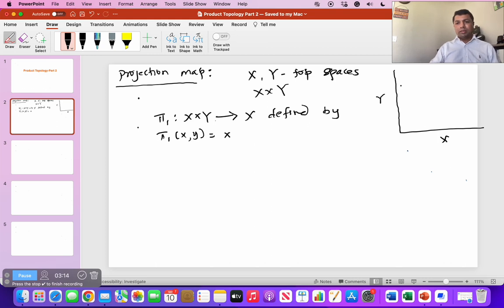Here we are considering the map from the Cartesian product X cross Y to the first set X, which we have denoted by pi 1 and defined like this.